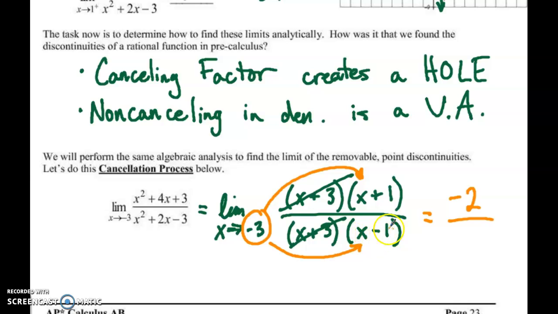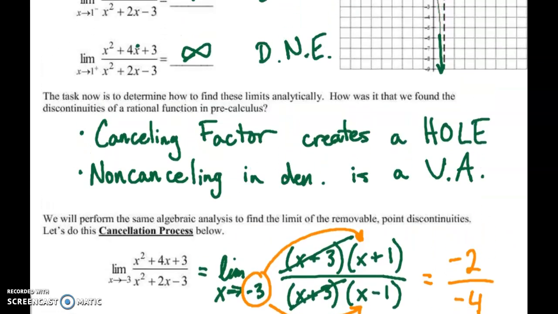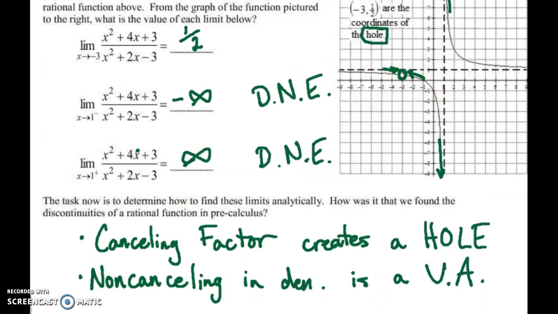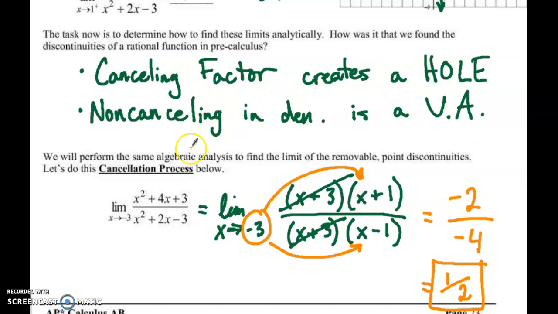And negative 3 minus 1 is negative 4. Well, what's negative over negative? Positive. 2/4 reduces to 1/2, the answer that we promised it would be earlier. So that's how you can use a cancellation process in order to find the limit analytically.